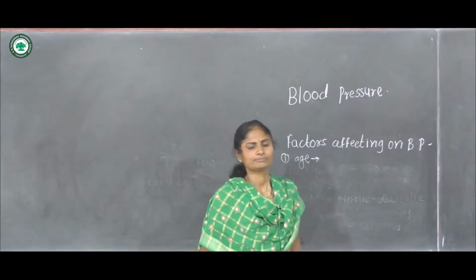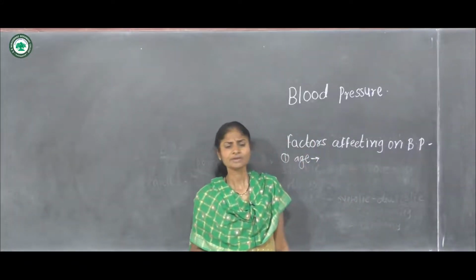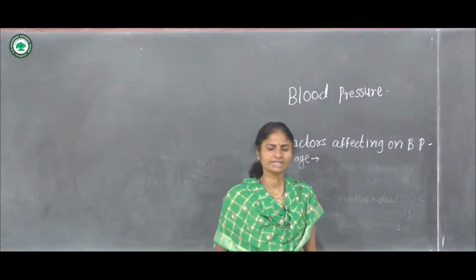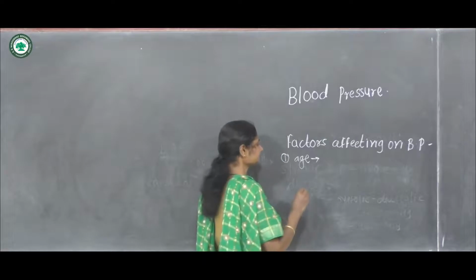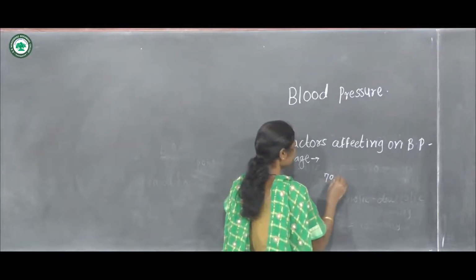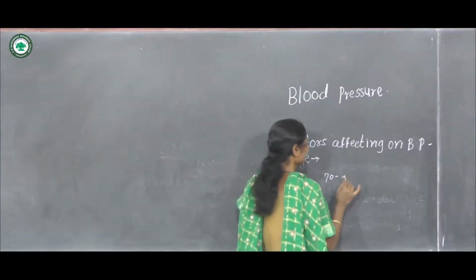Blood pressure varies throughout life. As age increases, blood pressure also increases. At birth, blood pressure is normally 70 to 90 mmHg.